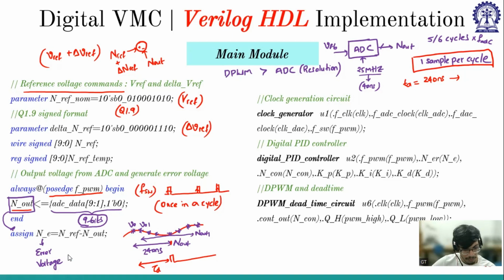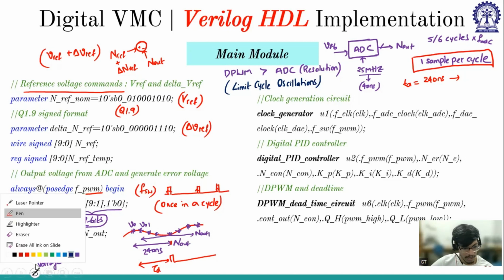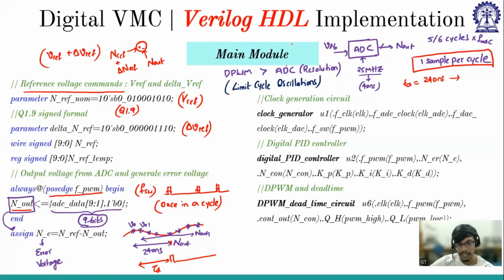Otherwise there will be something called limit cycle oscillations. The details of this SAR has not discussed; it is there in the book that SAR has referred to.